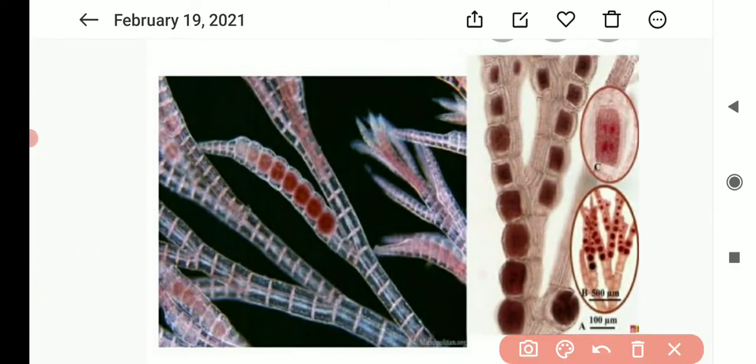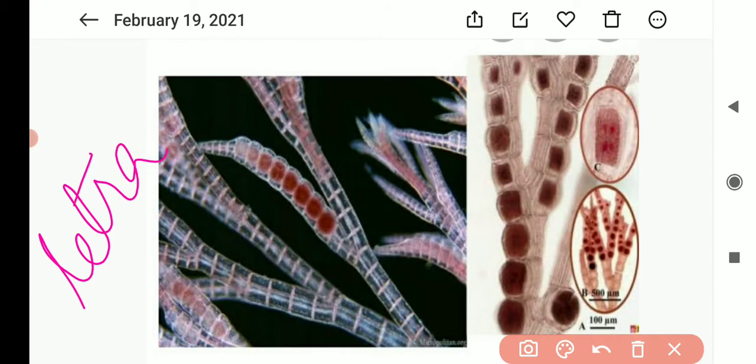Now this one is not the sex organ part, but another sort of asexual reproductive part, which we call tetraspore. Don't worry if you are confused. We will go into detail.